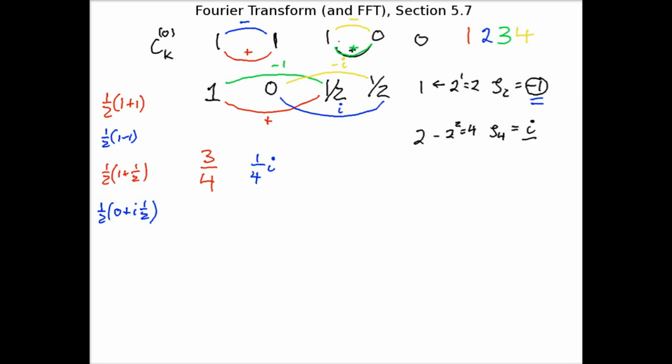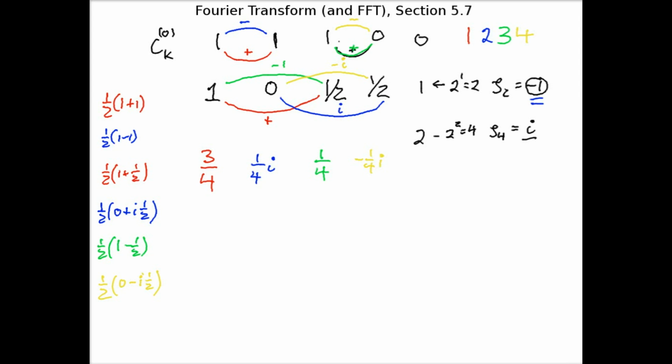And the third entry is 1 minus 1/2, which is 1/4. And the final entry is 1/2 (0 minus i times 1/2), which is minus 1/4 i.